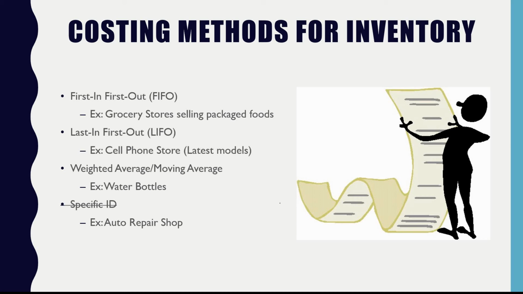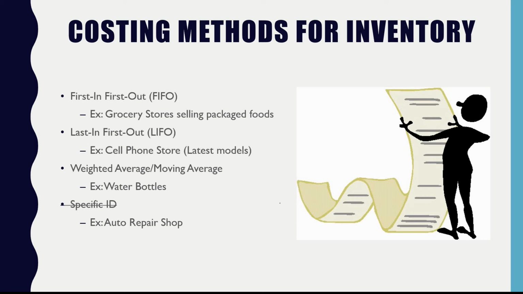But that's exactly what a specific ID does: you're keeping inventory based on specific criteria. Again, an auto repair shop will look at the car model, the car brand, the year it came out, and also the specific item you're looking for. So this is more for not one shoe fits all sizes.